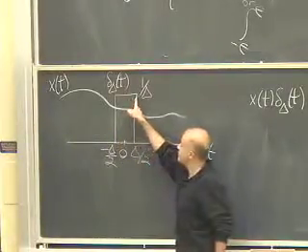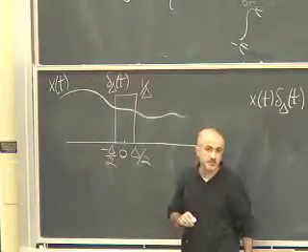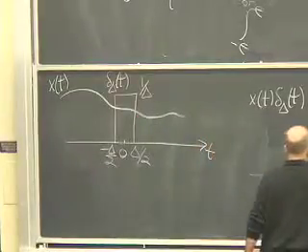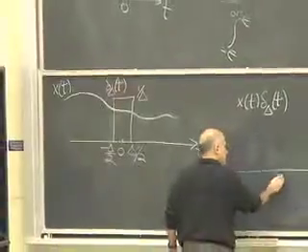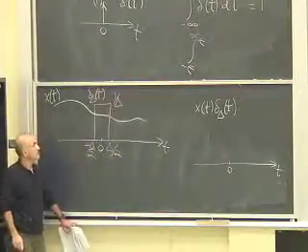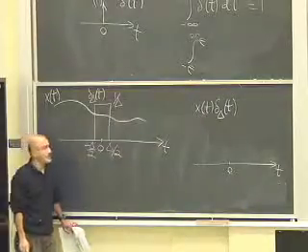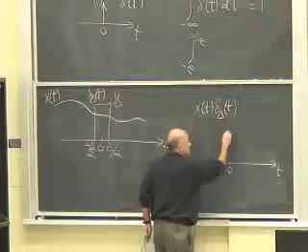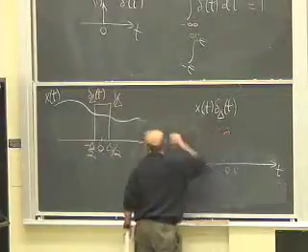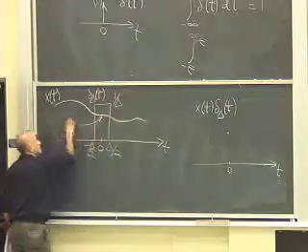I want to plot the pointwise product of this red box and this white curve. What do I get? All the action is taking place around 0. Can you give me an approximation? x at 0. So let's say x at 0 is this value here.